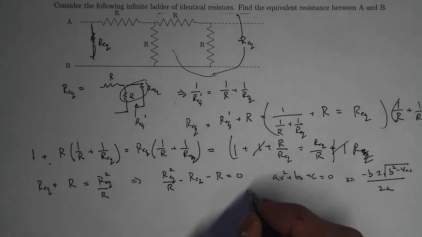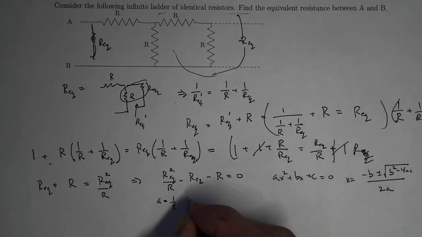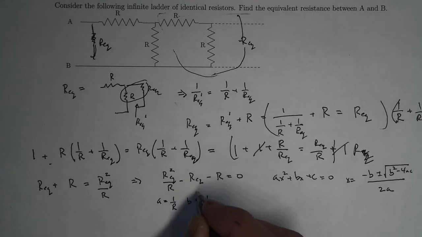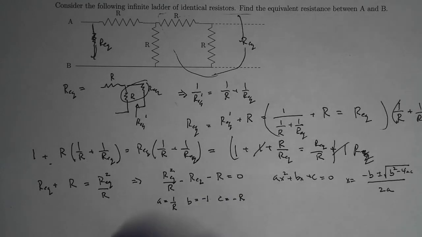In this case, A is equal to 1 over R, B is equal to minus 1, because it's minus 1 times REQ, and C is simply equal to minus R. So let's plug into this equation right here.